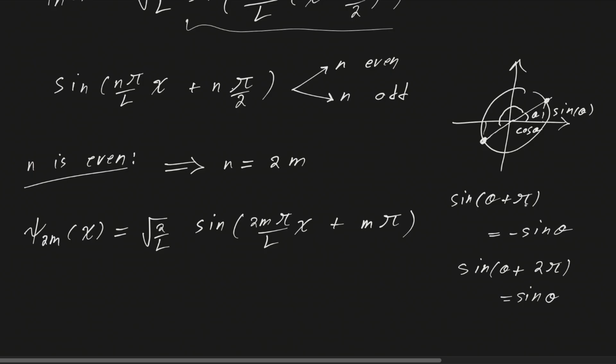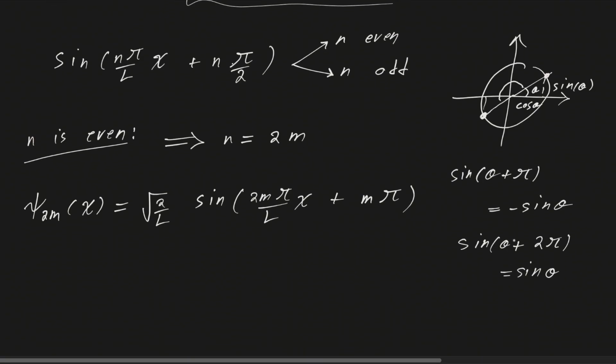And for any multiple of these two, if you had 3 pi here and 4 pi there, it's either going to be a minus sign or a positive sign. And since the physics does not change if you multiply by some scalar value, the plus m pi is redundant and we can drop it.